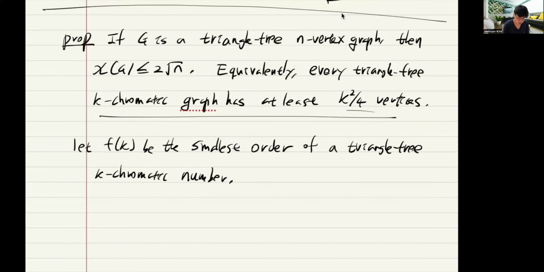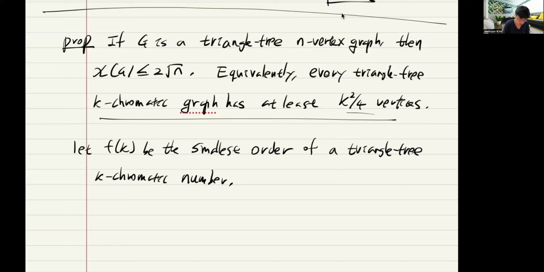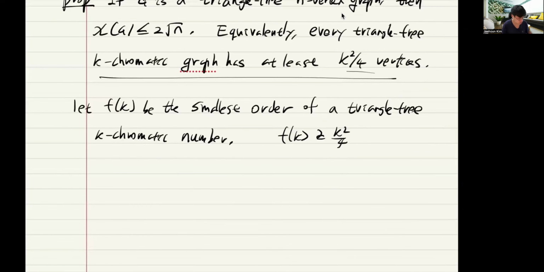Then what does this proposition say? It says that f of k is at least k squared over 4. And Erdős used something called the probabilistic method, some sort of probabilistic tool, to show that f of k is at most a constant times k squared log squared k.